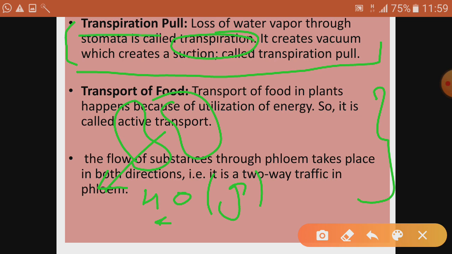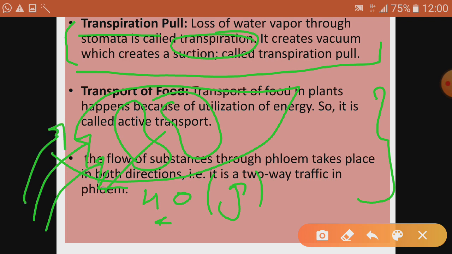So because of this continuous transpiration, there is a loss of water from the leaves. If the loss of water is there, a kind of suction will be created in the leaves. Okay, and because of that suction, a pull will be created.